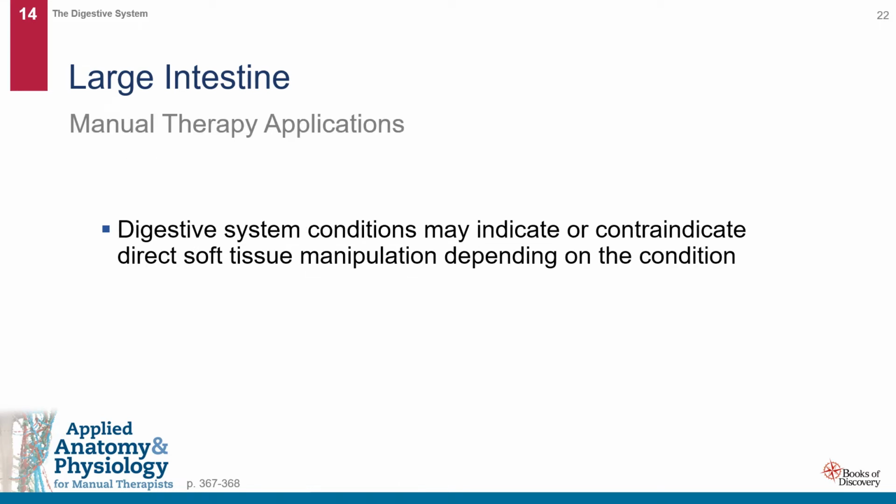Let's now consider the manual therapy applications with respect to the large intestine. Direct soft tissue manipulation to the abdomen is indicated in some digestive system conditions and contraindicated in others. Chronic constipation is one of the most frequently cited indications for abdominal massage. Although supported by anecdotal evidence, its effectiveness is not likely due to mechanical loosening or movement of fecal matter through the colon.